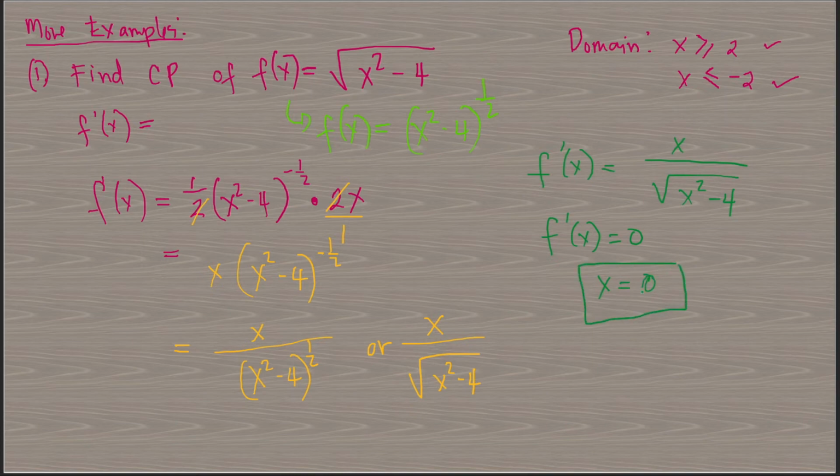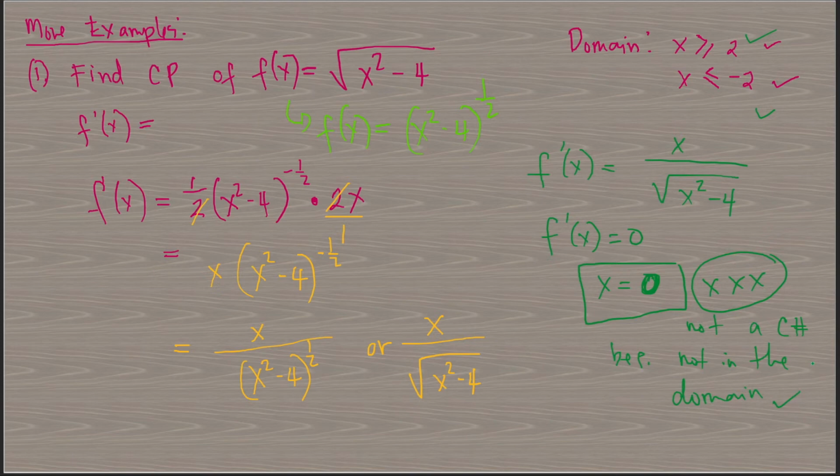Yes, because in our domain, we're only allowed x values of 2 or greater and less than -2, and 0 is not in the domain. So we cannot use this as our critical number. This one is not a critical number because it is not in the domain.